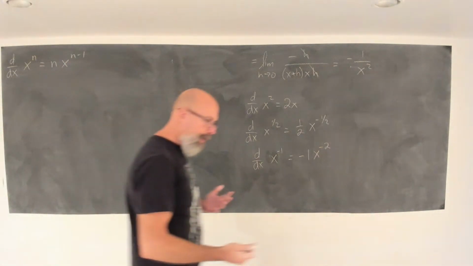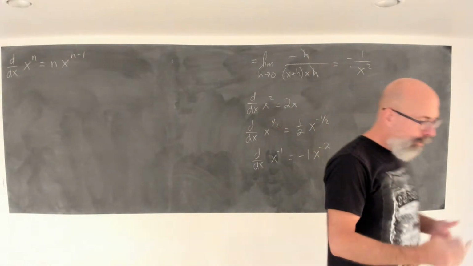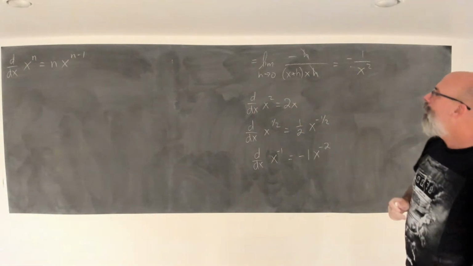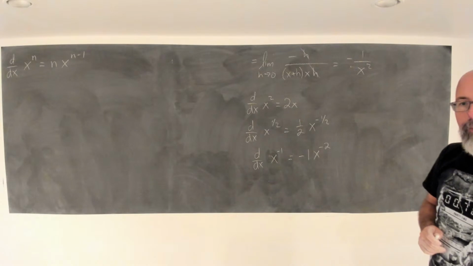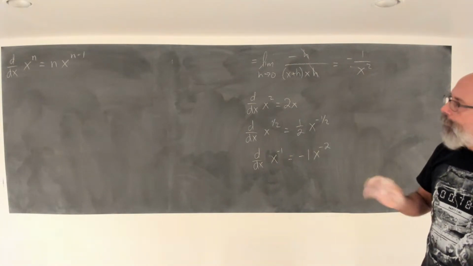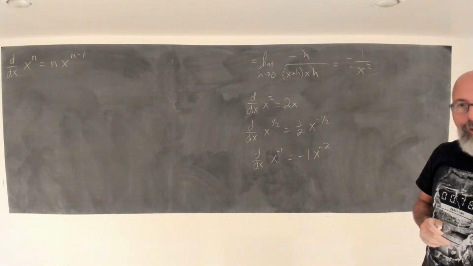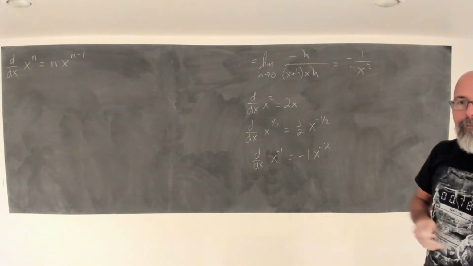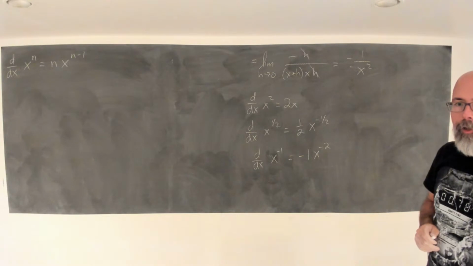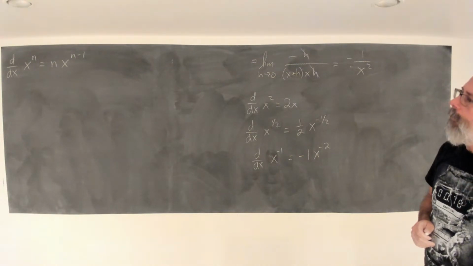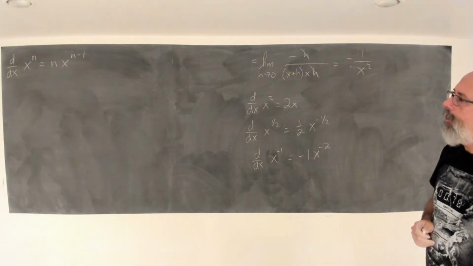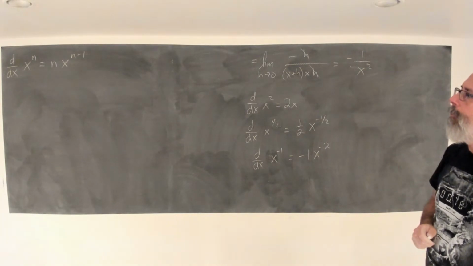You can prove that from the definition of the derivative. It's a bit difficult to work out, but it's doable. I won't prove it, but we'll take that as a rule. It's known as the power rule. I don't usually refer to it by a name, but there it is. Let's call it the power rule.